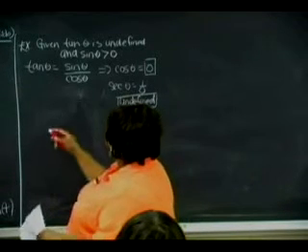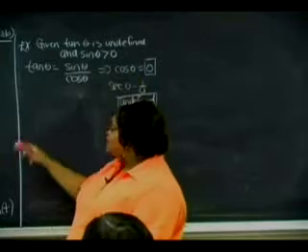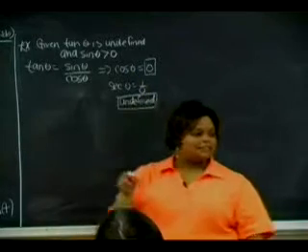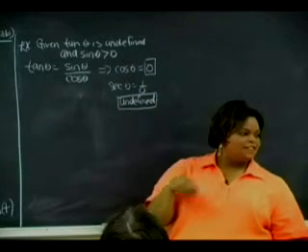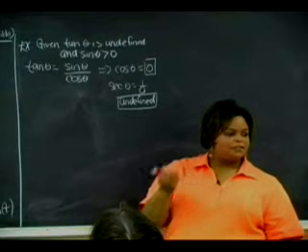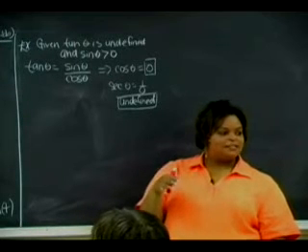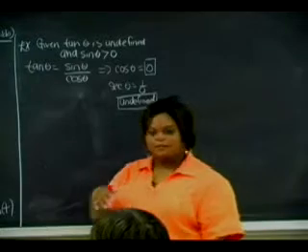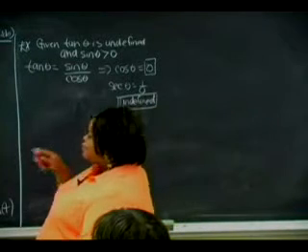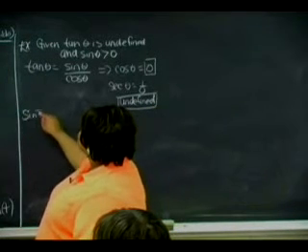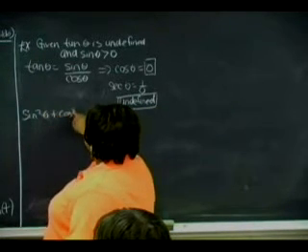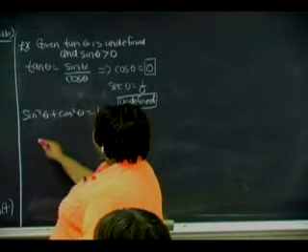Knowing cosine, we can find sine by what identity? What identity can we use to relate sine and cosine? The Pythagorean identity: sine squared theta plus cosine squared theta equals 1.